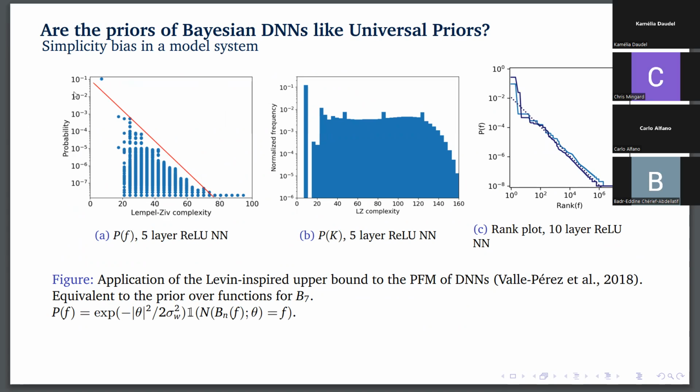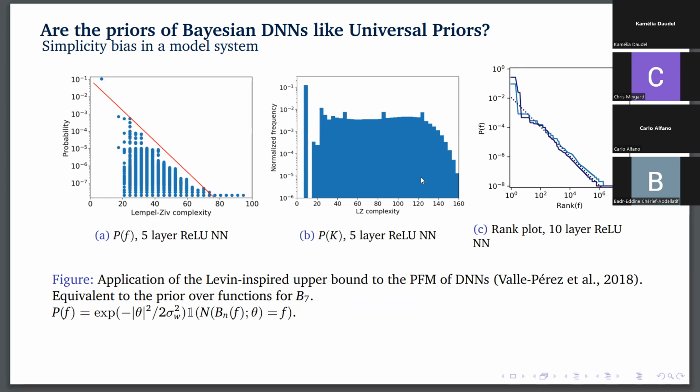The y-axis is the probability of the function, and the x-axis is the Lempel-Ziv complexity. And you can see that it actually follows the red line, which is the upper bound. You can see it does a reasonable job. Most of these points lie underneath the line, apart from this one, and these ones seem to border quite nicely by Lempel-Ziv complexity.